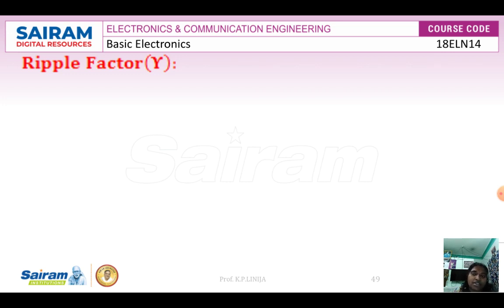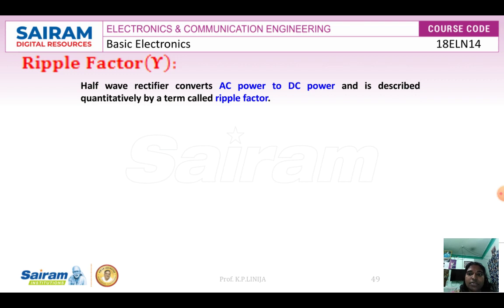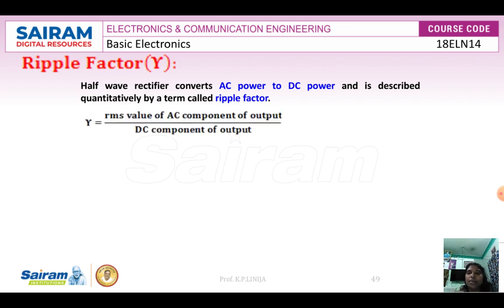Next let's discuss the ripple factor. So here the half wave rectifier converts AC power to DC power. Okay, and this is explained quantitatively by the ripple factor. Now gamma is equal to the RMS value of the AC component of output divided by the DC component of output.